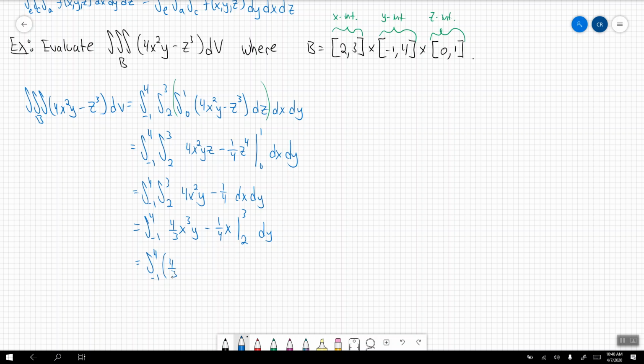That's going to be 4/3, and remember, I integrated with respect to x, so we only evaluate the x values. Everything else was a constant, so we treat it as a constant. And then we're going to subtract 4/3 times 2 cubed y. There we go. 2 cubed y minus, actually that's a plus, 1/4 multiplied by 2. And then we have dy.